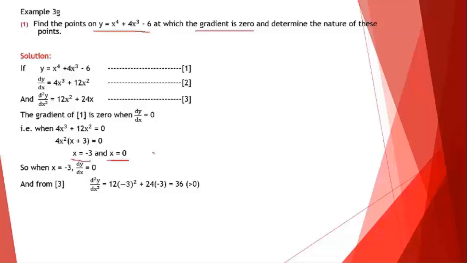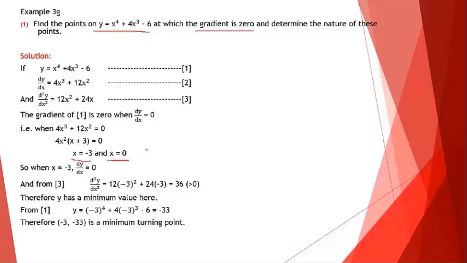When we get a value greater than 0 for d2y by dx2, by the knowledge that we have got from the explanations, this point has a minimum value, and from equation 1, by substituting negative 3 for x, we get the y value of the particular point, which equals negative 33. Therefore the point with coordinates negative 3, negative 33 is a minimum turning point.